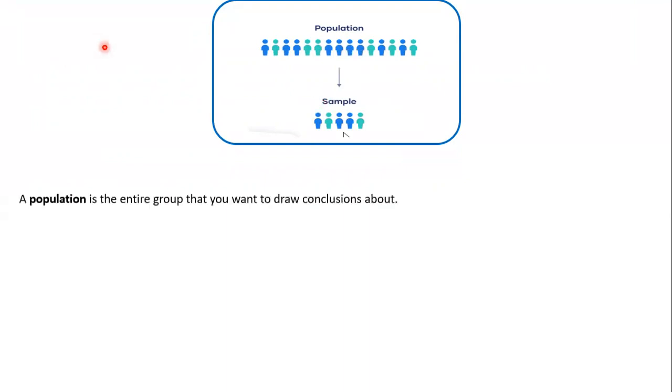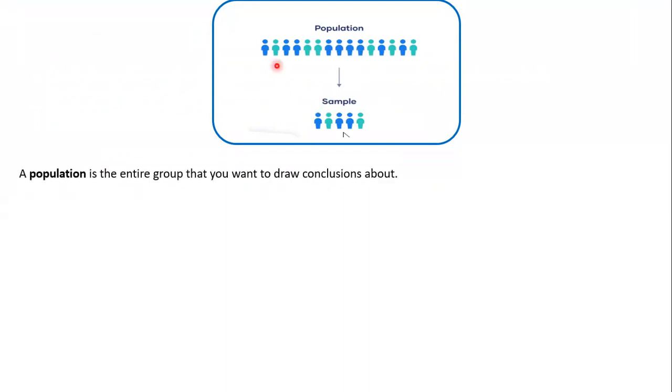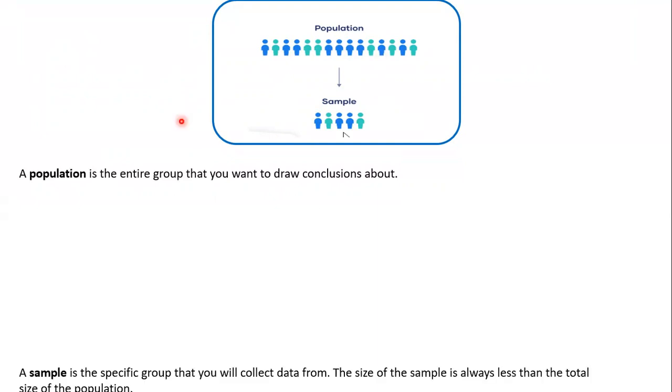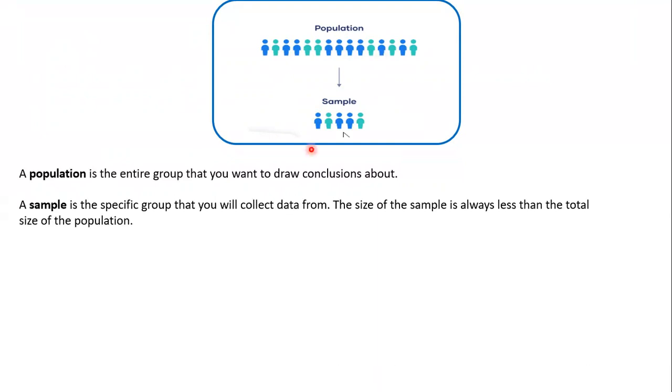As I said, here we have the population and we are taking samples from the data. This is the population, the entire group from which we have to draw a conclusion, and the sample is the data collected from this population, as it is a subset of the population.